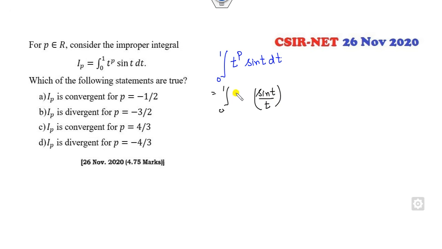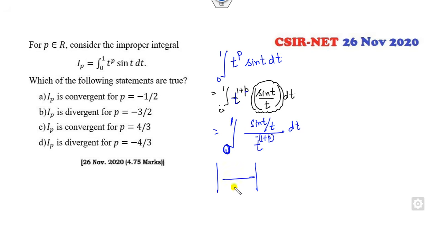Now this value I can write as 1 plus p. Because sin t over t gives a finite value at both endpoints 0 and 1, the only discontinuity occurs based on this value. Now I can write this part as 1 over t to the power 1 plus p minus 1, because only 0 is the discontinuity here.